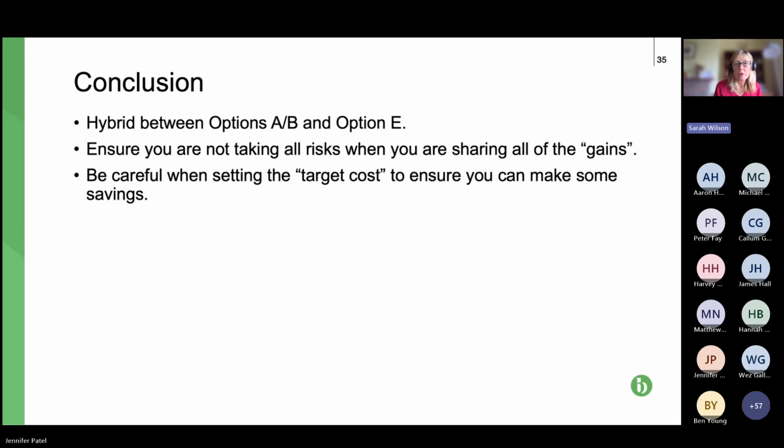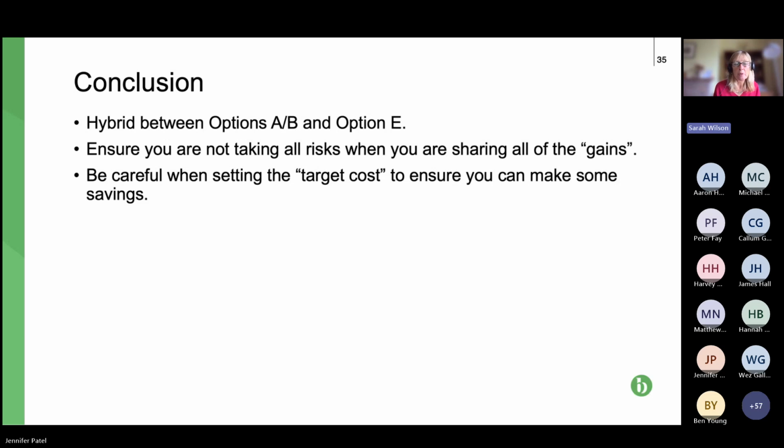Ensure you're not taking all the risks when it gets to a pain situation, in terms of the percentages, but also that when there are gains, the percentages are being shared fairly between the parties.